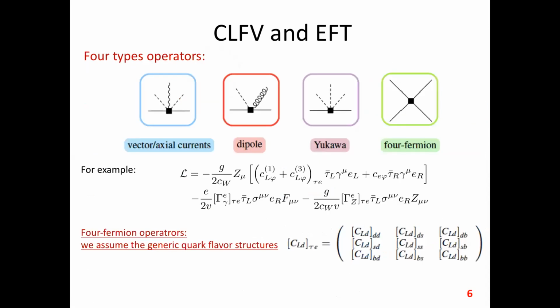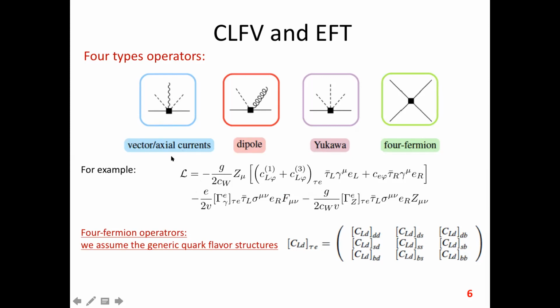In our study, we consider general operators. It means we include all possible dimension-six operators which could generate lepton flavor violation. It could include the vector and axial currents operators, scalar and tensor type operators, and the four-fermion operators.